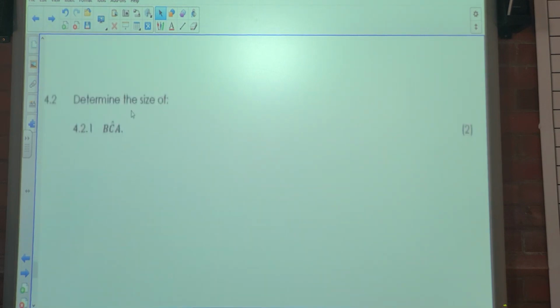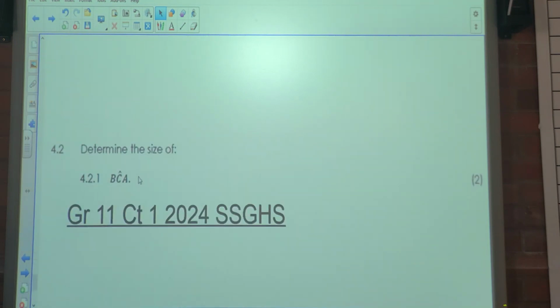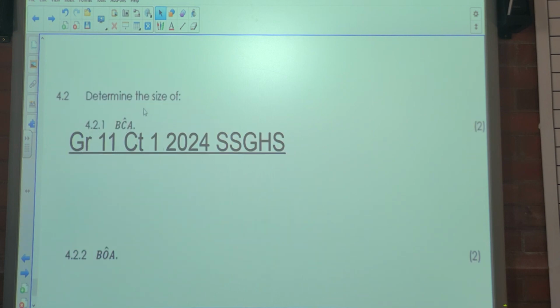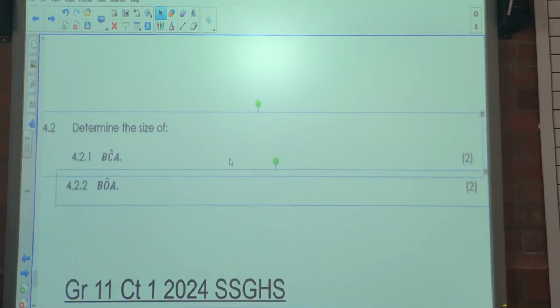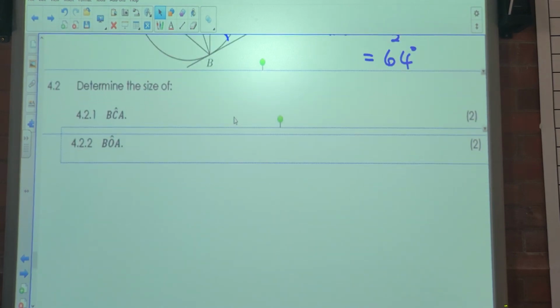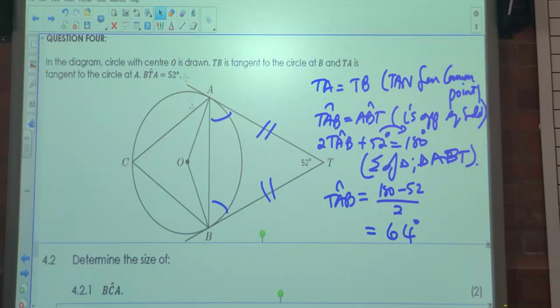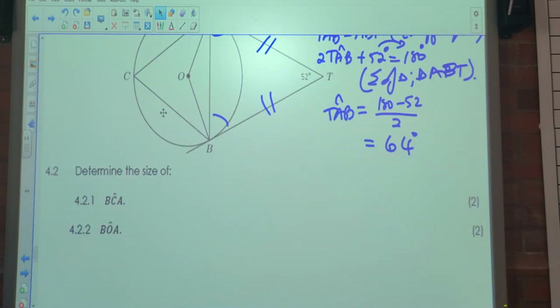Whoops, we're missing a question here. Maybe this is, no. It's a different question. It's connected to that one. I'm going to get here because they say this is part of this. Okay, I see.